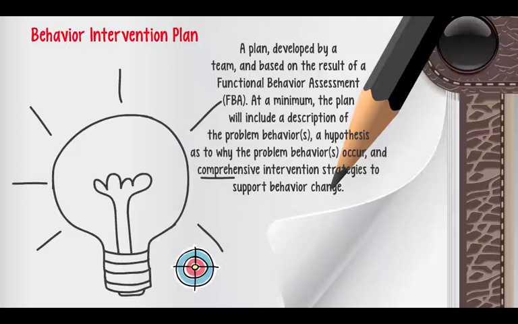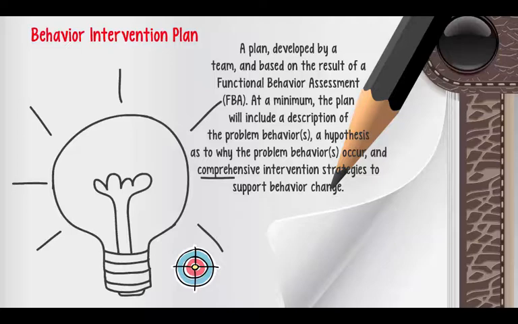Also, at a minimum, the plan is going to include a hypothesis as to why the problem behavior occurs. When we do a descriptive assessment in FBA, for example, we can only derive from that a hypothesis because we haven't done experimental manipulations. However, if we did do a functional analysis, then we can be more definitive in terms of conclusions about how the behavior is functioning.